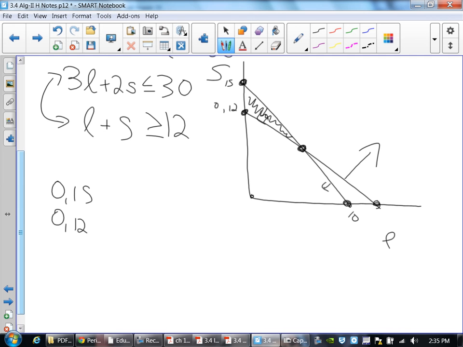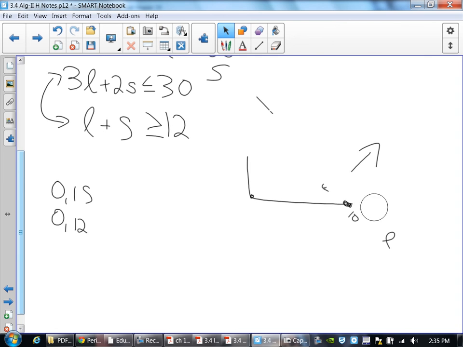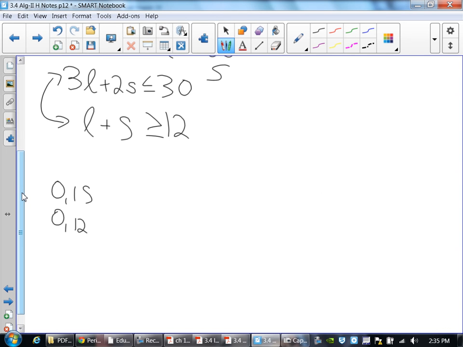Let me redo this. I'm going to redo the graph so you guys see it again, because you're getting lost in your shape. I have intercepts on the 3L plus 2S at 10 on the L, 15 on the S. You okay on that?